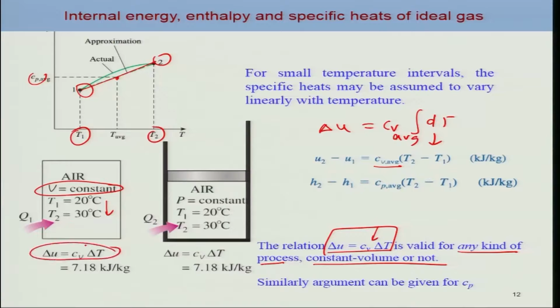Delta U can be calculated directly using Cv delta T. On the other hand, in this other example, delta U can also be calculated using the same expression, though P is constant. A similar argument can be given for Cp. So these expressions are true irrespective of the process.